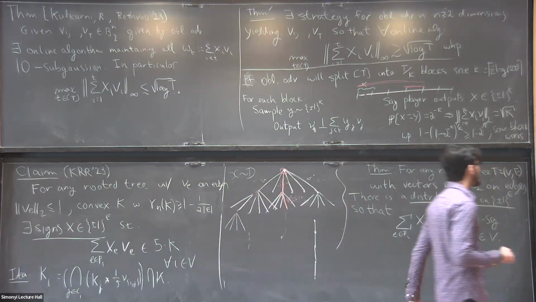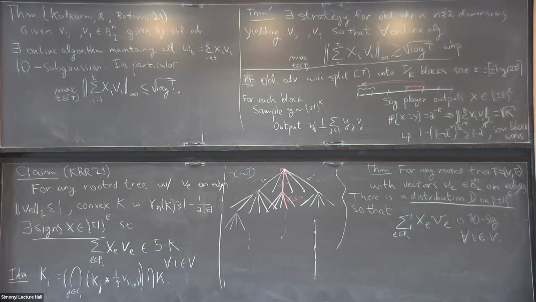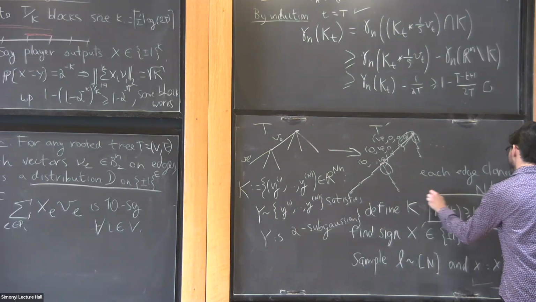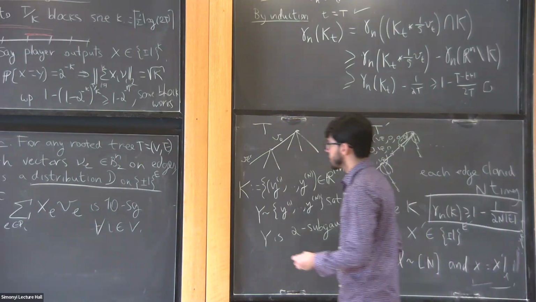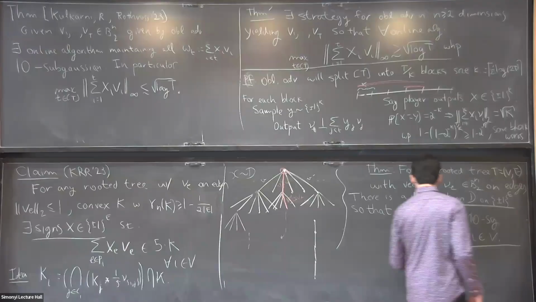Okay, so I won't have time to prove that. The only thing that's missing is to prove that indeed it has large Gaussian measure, and this turns out to be a concentration result.